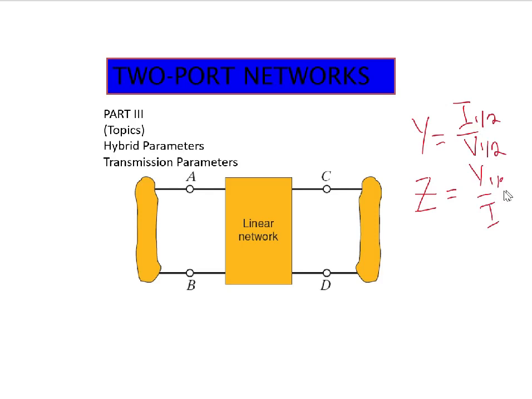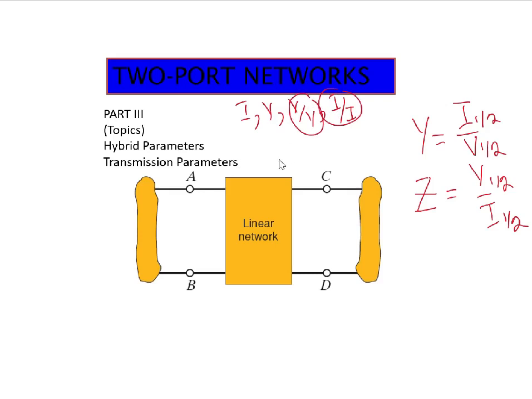This can also be 1 or 2, and this can also be 1 or 2. But unlike these two parameters, the hybrid parameters contain either I over V or V over I, or either V over V or I over I. So these things make these parameters the transfer admittance or impedance, or rather the gains.